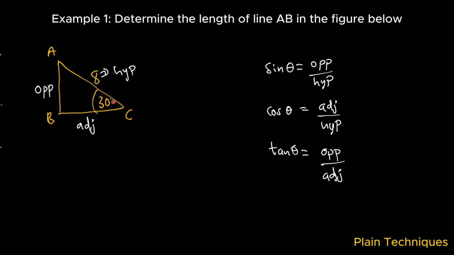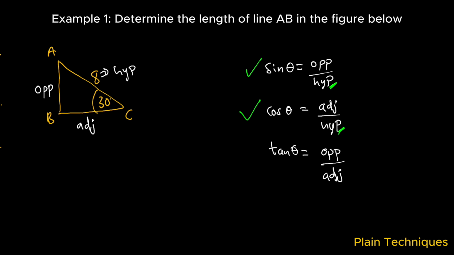Now, you need to look for another parameter, the hypotenuse. So, we can either use this or that. Why? Because both of them contain hypotenuse.